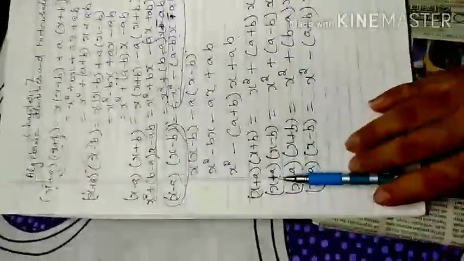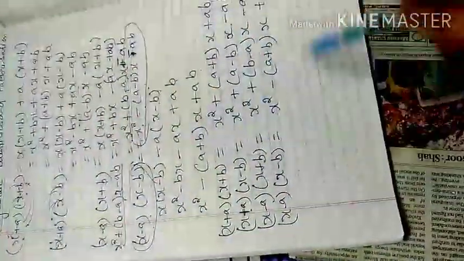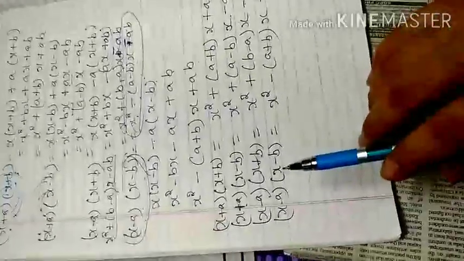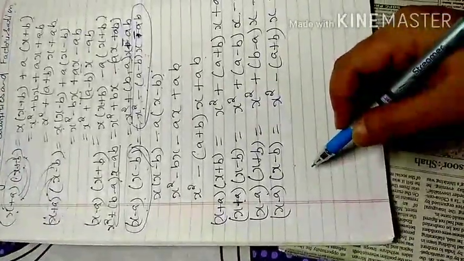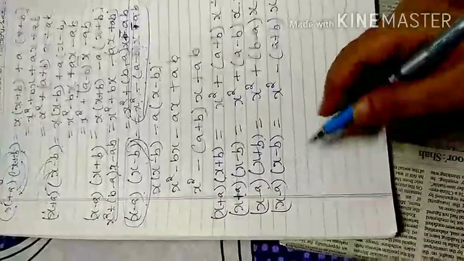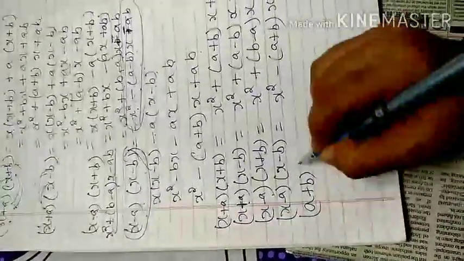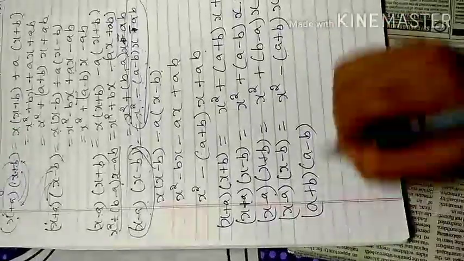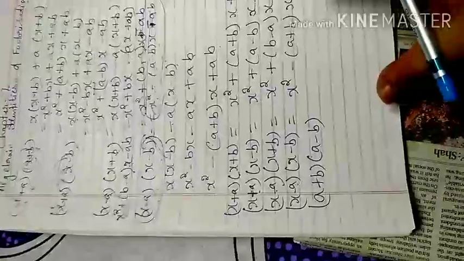So instead of opening the bigger terms, you can write in the short way. But what will happen if both terms are the same and one is positive and one is negative? Like if I have the terms (a + b) and (a - b). Here a and b are two different terms, only the first term is same.